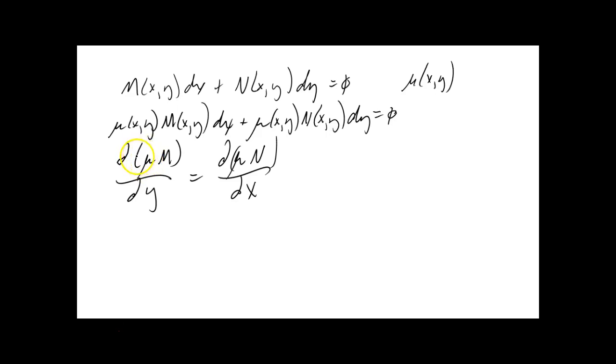Okay, the product rule says, so we have the mu, the first mu times the derivative of M with respect to y plus the partial of mu with respect to y times M, right?